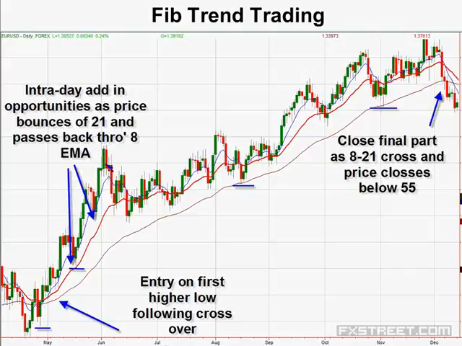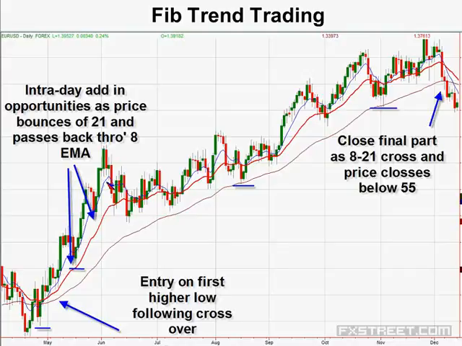As it gets really extended and looks as if it might come back down, I'd be sitting on a whacking profit up here, and there's a key candle here. That key candle is an engulfing candle. So as price comes back down through 42 and breaks down to just about 140.40, it engulfs.